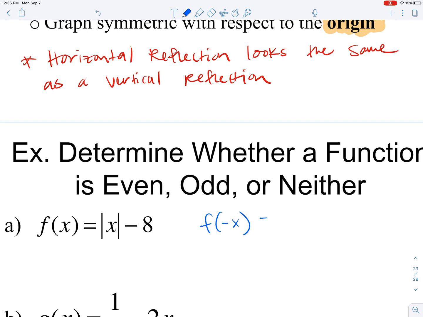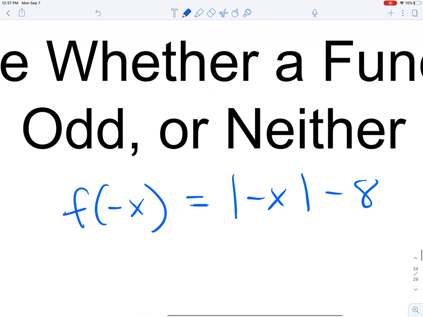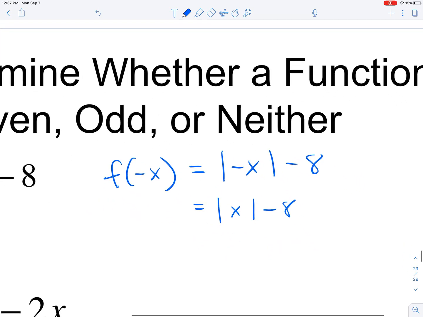we're going to evaluate f at negative x. And since the absolute value bars are going to make whatever is inside the absolute value bars positive, the absolute value of negative x would have the same value as the absolute value of x. Therefore, we could say that this equation simplifies.